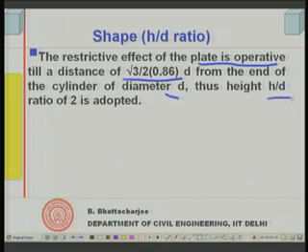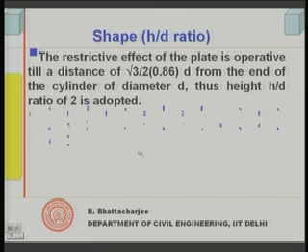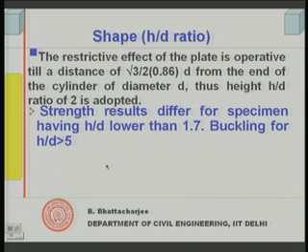Thus, generally we adopt a fixed h by d ratio of 2. But if you have a different h by d ratio, a similar effect will be observed, and this has again been attributed to the same Platen effect, as we call it, the effect of the plate. Strength results differ for specimens having h by d lower than 1.7. Remember, this cannot happen due to buckling, because buckling occurs at a much higher h by d ratio.